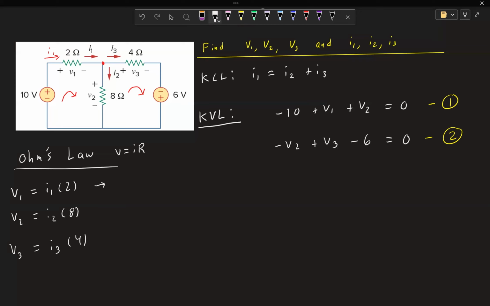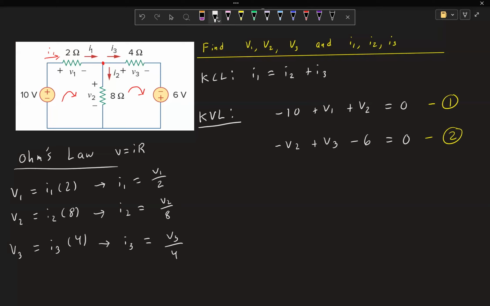So you can just say I1 is equal to V1 over 2. I2 is equal to V2 over 8. And I3 is equal to V3 over 4.